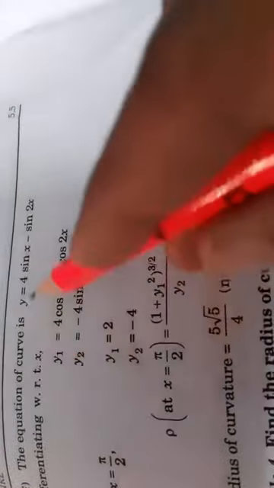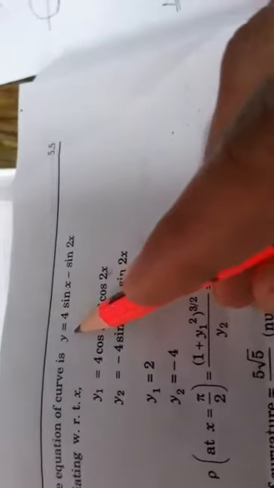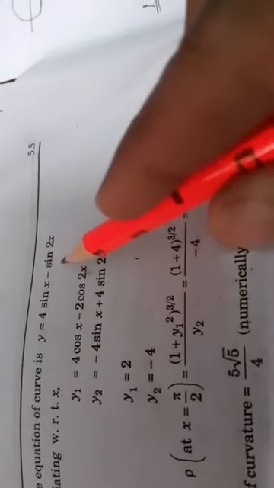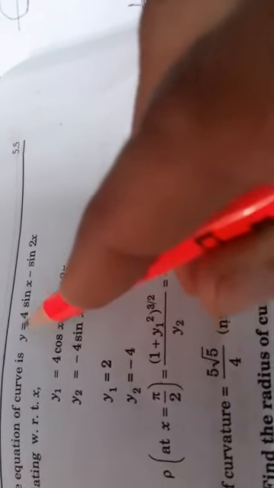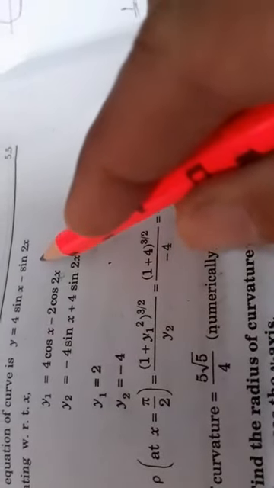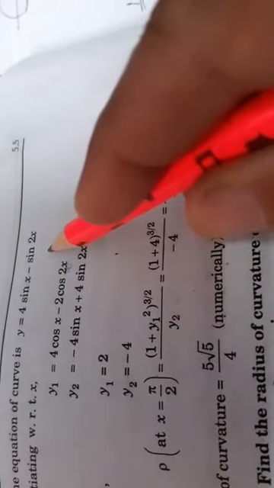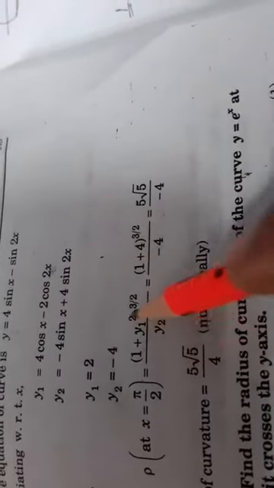Now let us take an example. The equation of the curve is given: y is equal to 4 sin x minus sin 2x. This is Cartesian form, where y is given as a function of x. So our formula to find the radius of curvature will be (1 plus y1 square) whole raised to the power 3 by 2 upon y2.